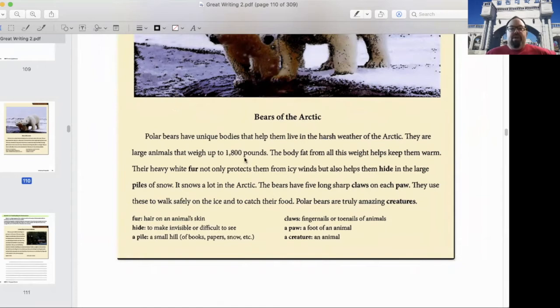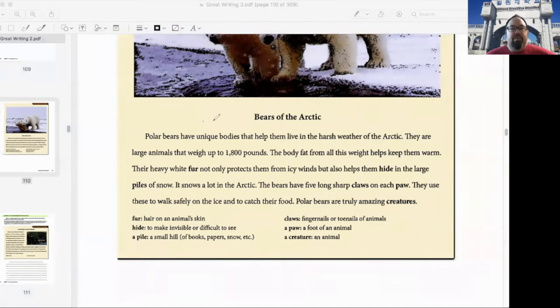Polar bears have unique bodies that help them live in the harsh weather of the Arctic. Let me pull out my pen again. Okay.